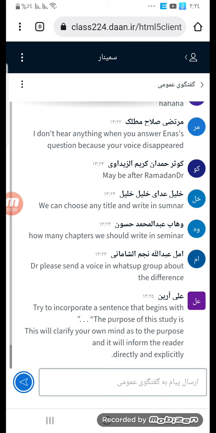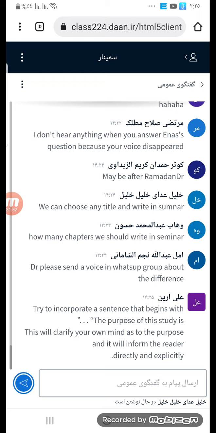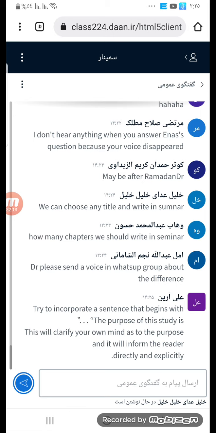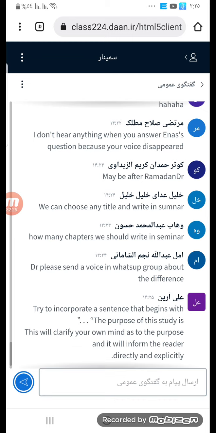It means that this will clarify your own mind, so you can understand what you are going to talk about. It will also inform the reader directly and explicitly, meaning clearly. Then the reader immediately can understand this is your purpose of study. This part belongs to your purpose of study, okay? Then he or she is not going to wonder.